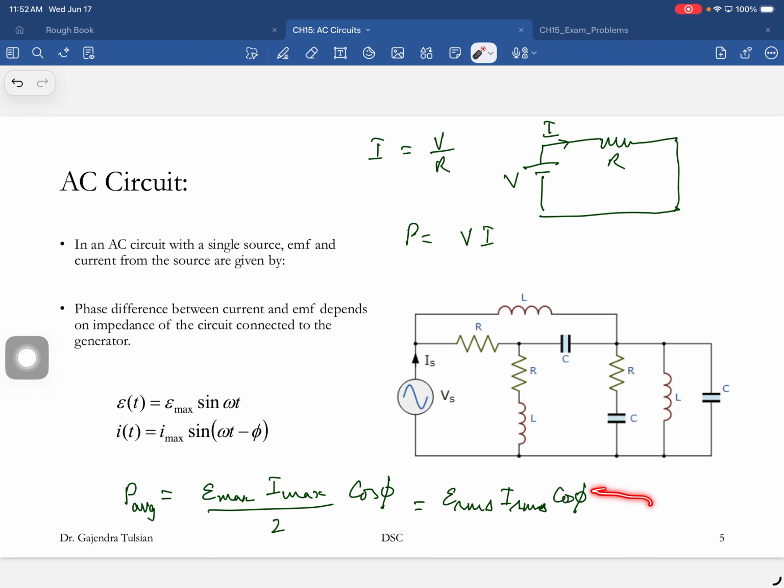Now let's look at what this means. All right, so if this circuit were a purely inductive circuit, if this load had only an inductor, then for purely an inductive circuit, phi would be pi by 2.